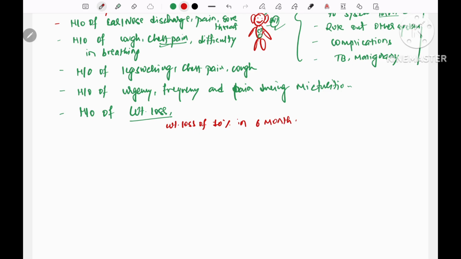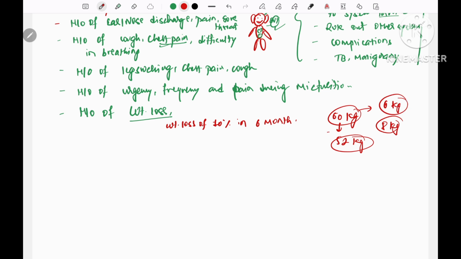For example, if the patient's weight was 60 kg 6 months back, and now he is 52 kg, so the difference is how much? 8 kg. And 10% of 60 kg is 6 kg.